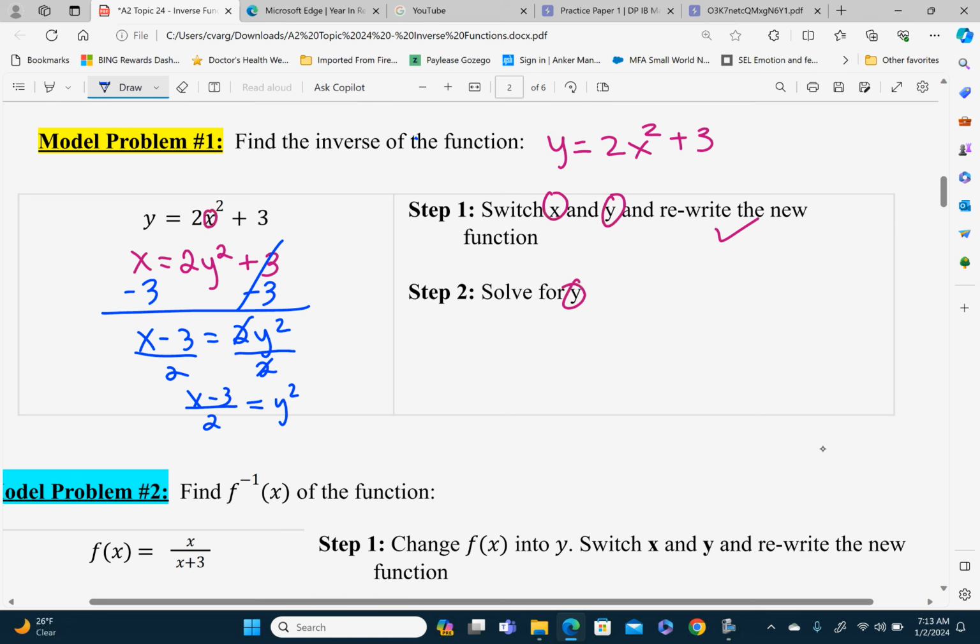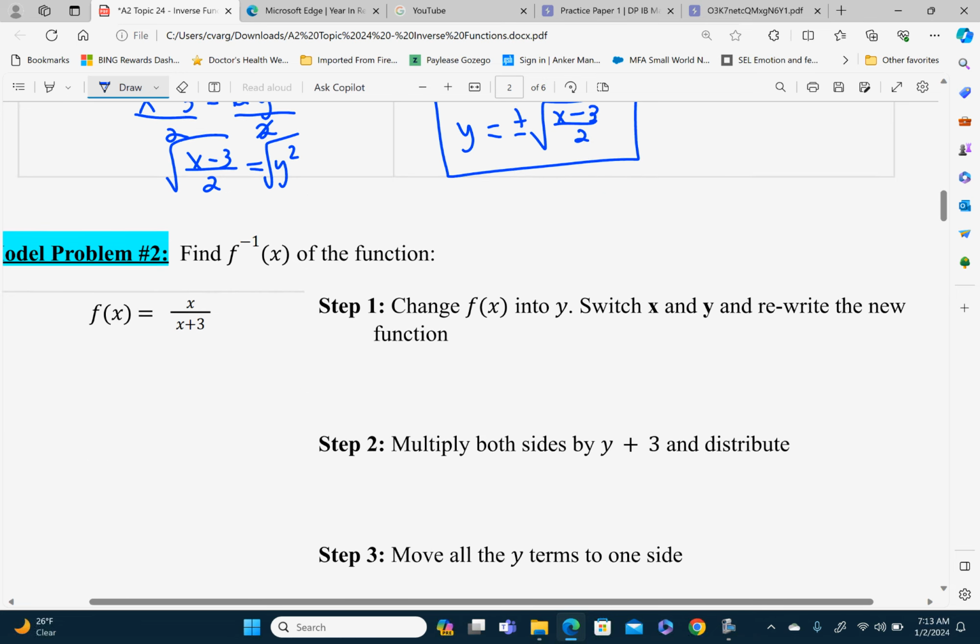And like we talked about, the opposite of a square is a square root. So now we do the square root of the right and the square root of the left. So we get y is equal to the square root of x minus 3 over 2. And this is both answers, a positive and a negative. So this is our answer for the inverse, okay?